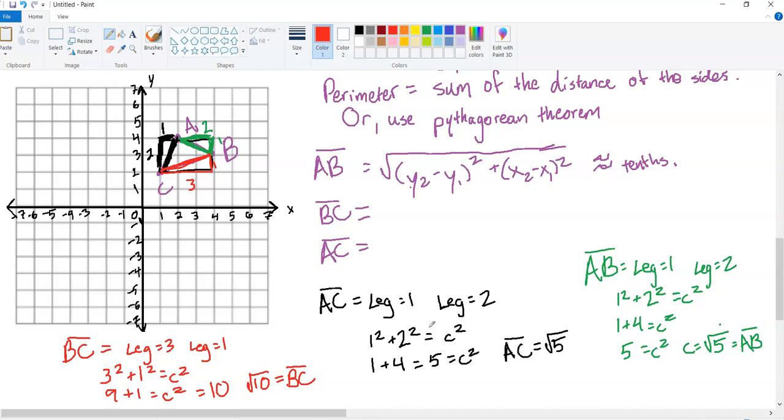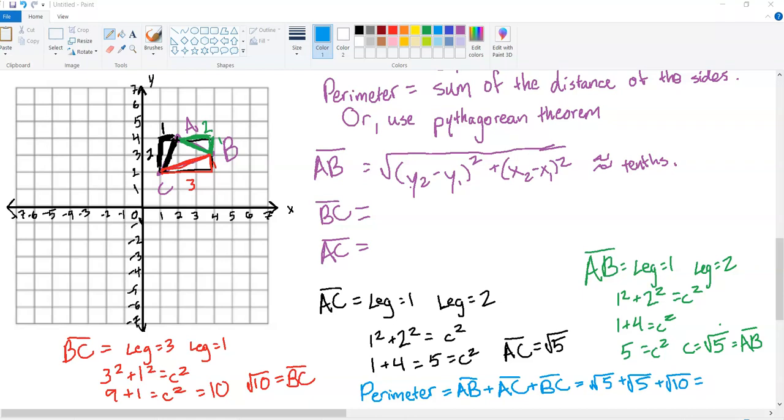Okay, so now all I need to do is the sum. I'm going to do the perimeter. I'll do this in my final color for today, light blue. The perimeter is going to be equal to AB plus AC plus BC. In this case, that's the square root of 5 plus the square root of 5 plus the square root of 10.